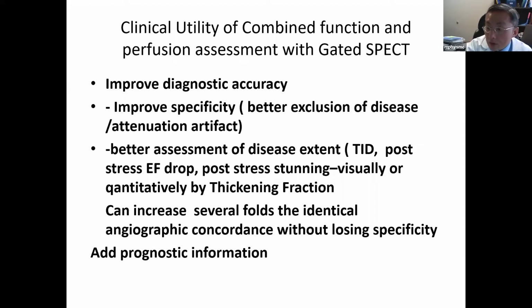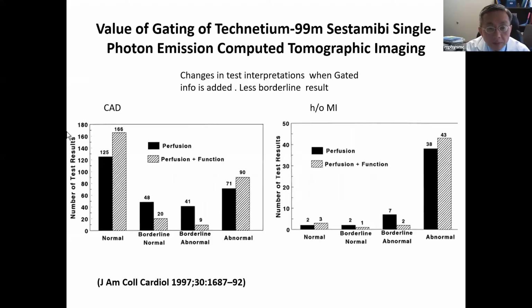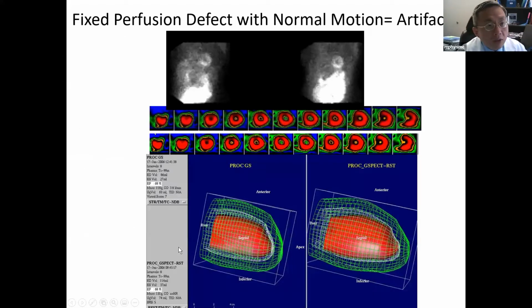So what do we use this for? We get a number. We not only use the information to calculate EF, it also helps us interpret the perfusion study. This is an example. If you incorporate perfusion and function, you're going to have more cases that you can call normal or abnormal, so you report fewer borderline cases. So that increases your confidence.